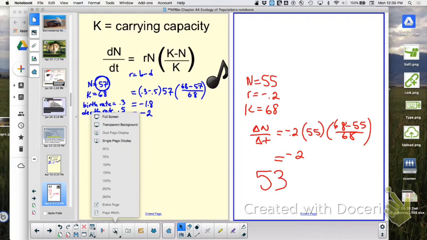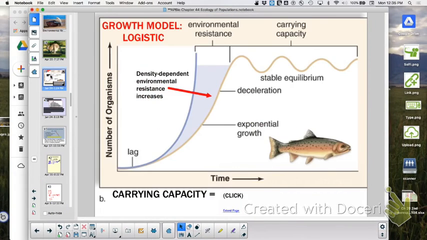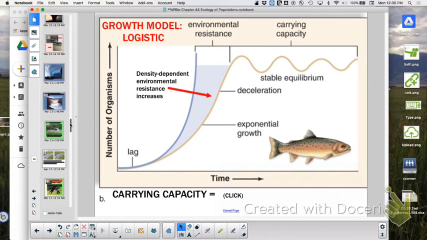Okay, now, single page. We're comfortable that both graphs, what do they have in common? They both have exponential growth. But then the logistic growth curve starts slowing down, usually due to what? The carrying capacity K. Yes, but due to what? Density dependent environmental resistance. Okay. Good. We talked about examples.